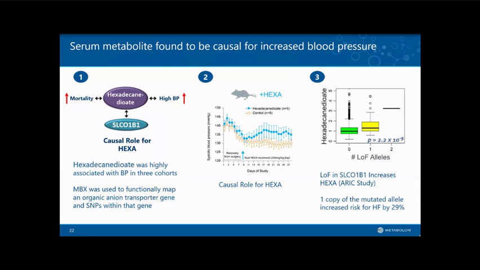Further, parallel studies by a separate group, Bing Yu and Eric Boerwinkle, in a separate cohort, the ARIC cohort, which is largely comprised of African Americans, were looking at changes in metabolites that were associated with SNPs.